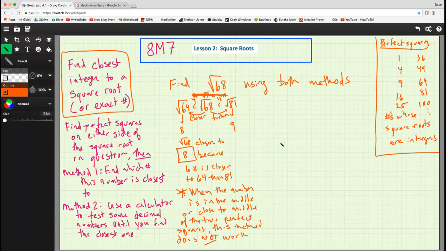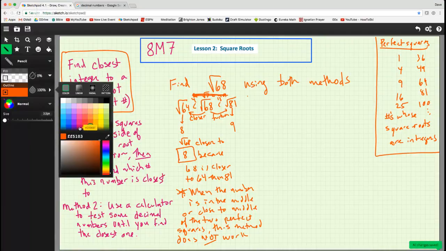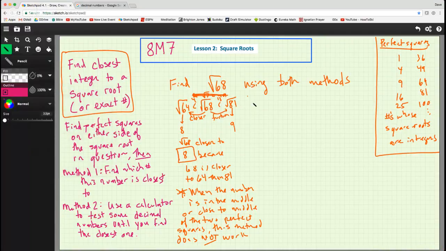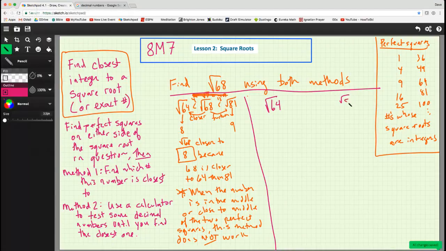So now let's use a different method. And this one is more perfect. This one's going to be the calculator method. In this case, we still are going to say, well, the square root of 64 and the square root of 81 are my bounding numbers, 8 and 9, and then we've got to figure out the square root of 68.